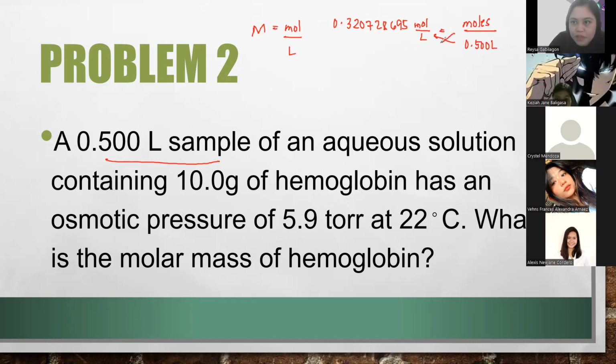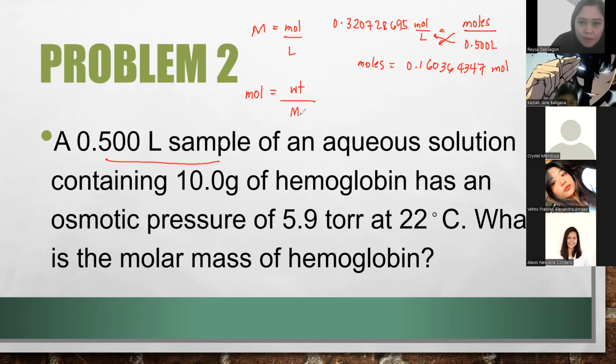So cross multiply, you will have moles is equal to 0.320728,695 times 0.5. That's 0.160364347.